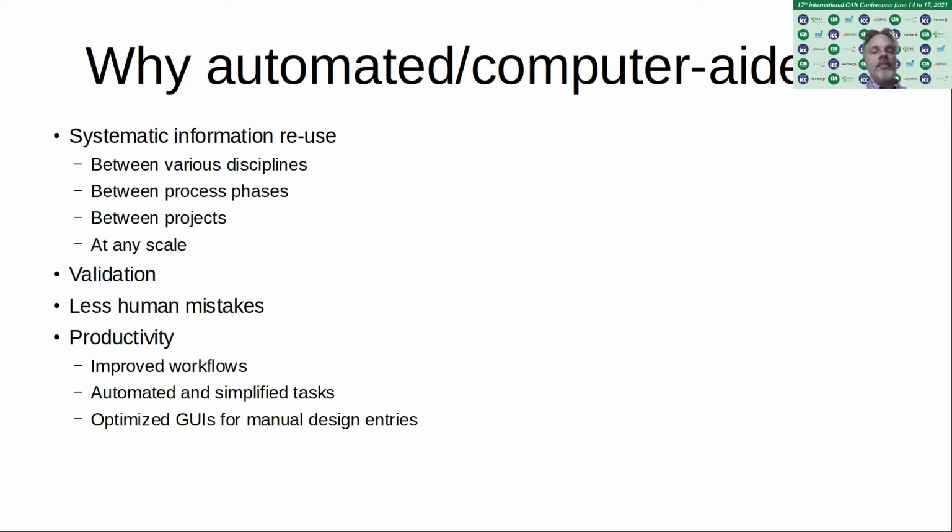And then productivity can be improved by, of course, at the first stage improving workflows, but also automating and simplifying tasks, and then optimizing graphical user interfaces where applicable. And they are applicable mostly where some information shall be put into the design manually.